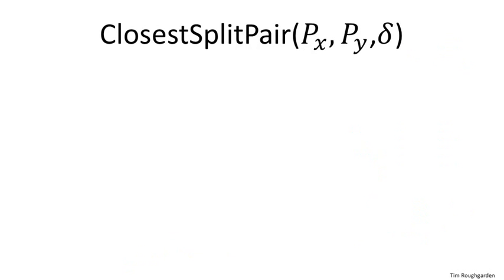So how does it work? Well, let's look at a point set. The first thing we're going to do is a filtering step. We're going to prune a bunch of the points away and zoom in on a subset of the points. The subset we're going to look at is those that lie in a vertical strip, which is roughly centered in the middle of the point set. By centered, we're going to look at the middle x-coordinate. So let x bar be the biggest x-coordinate in the left half.